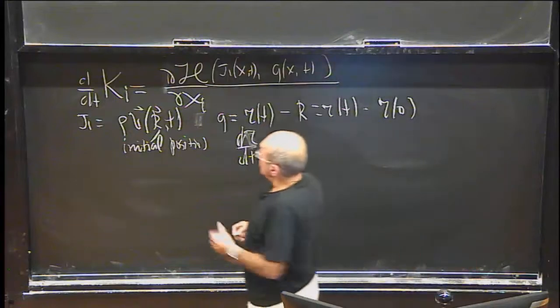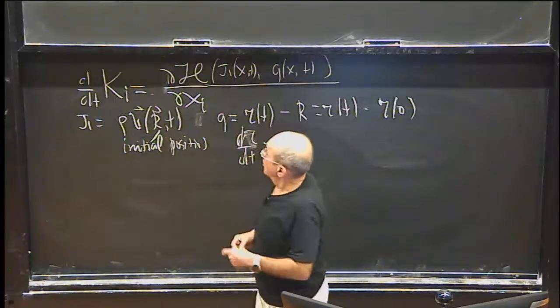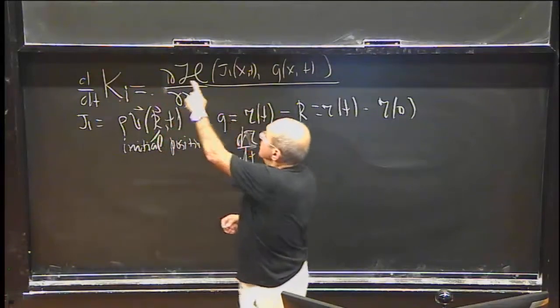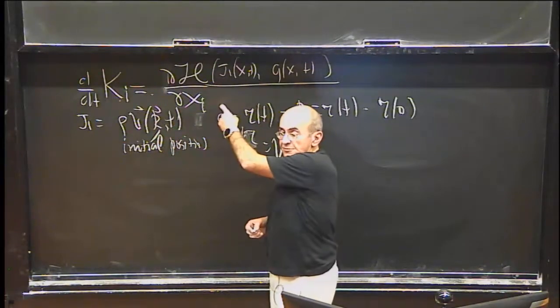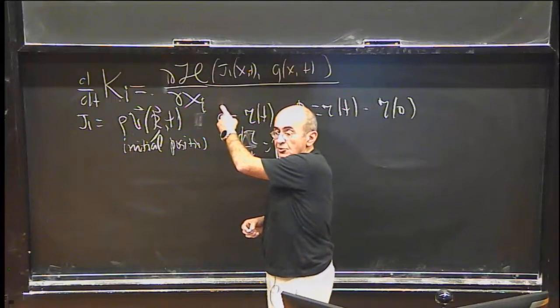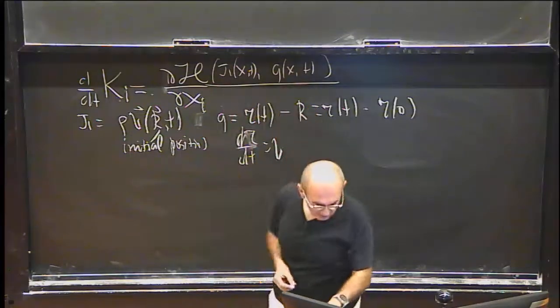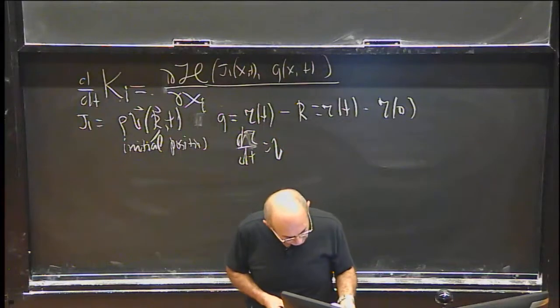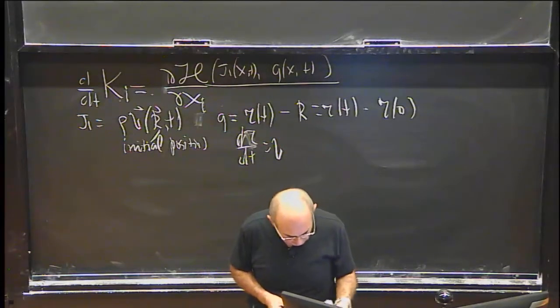Now, you can show that if you need to define a quantity whose time derivative is a derivative over x of your Hamiltonian, then this quantity, let me write the formula.